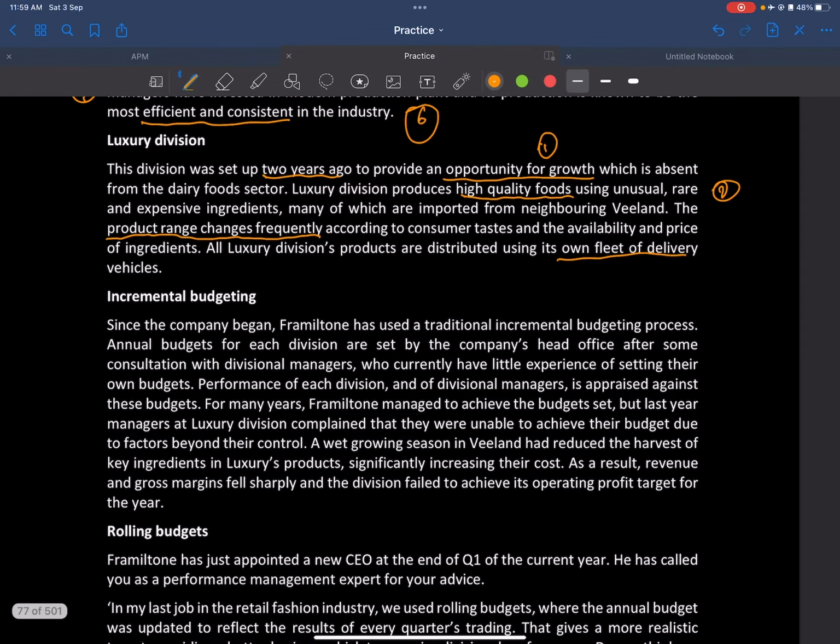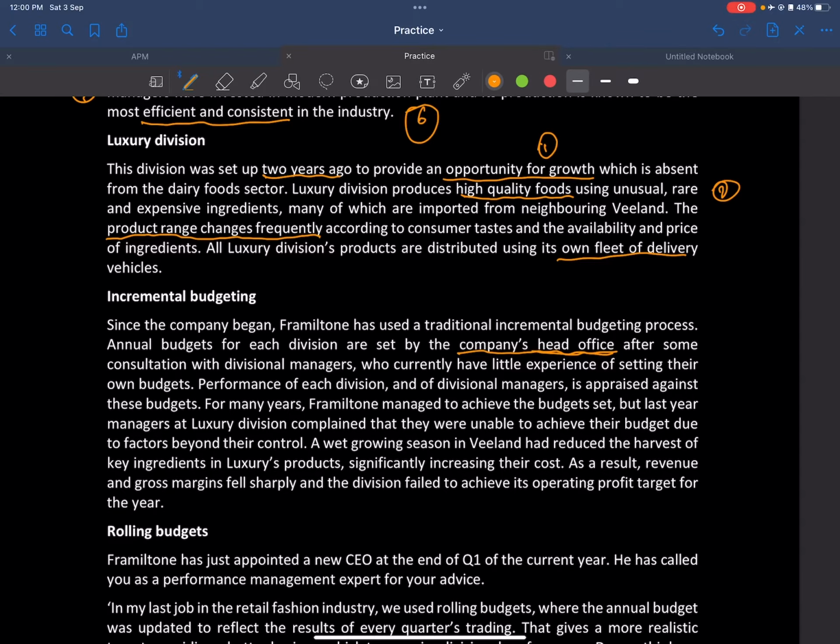And we've been given incremental budgeting. Okay, so since the company began, there is a heading over here, incremental budgeting, and Framilton has used a traditional incremental budgeting process. Annual budgets of each division are set by the company's head office. So if I were you, I would write one thing down.